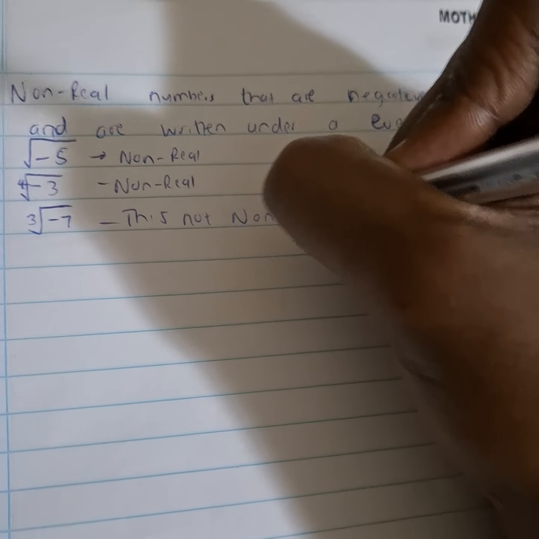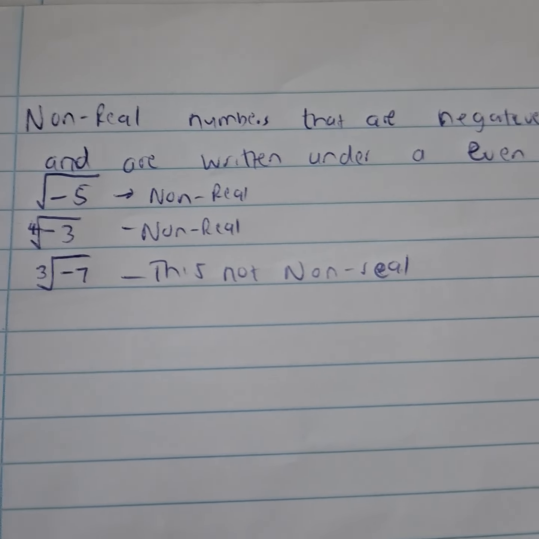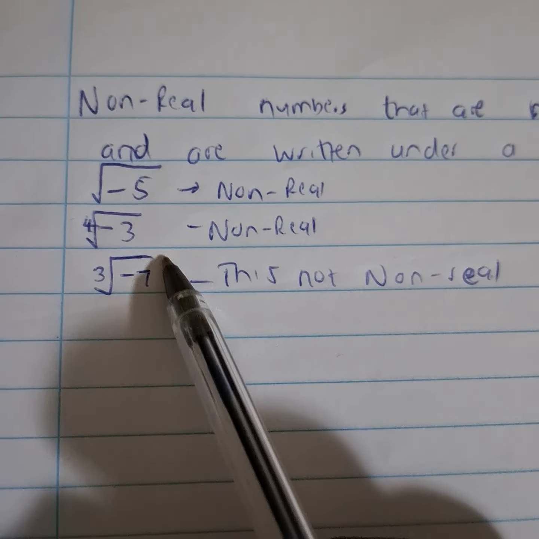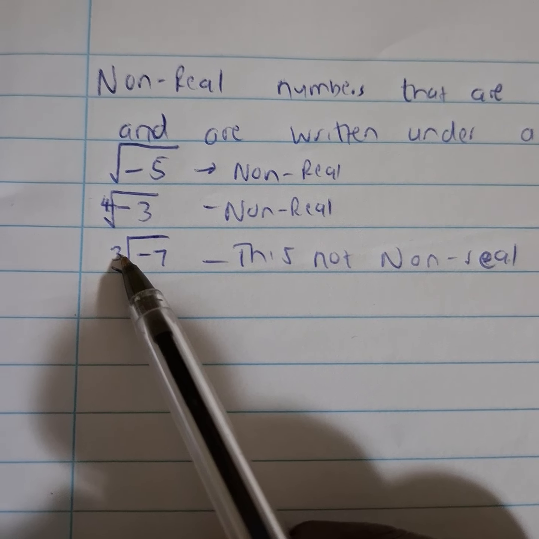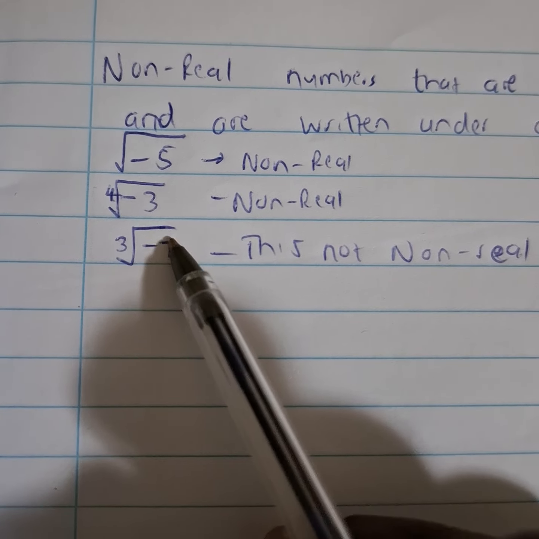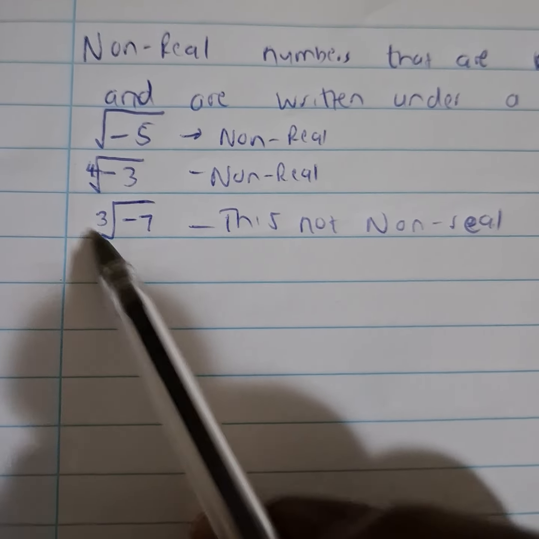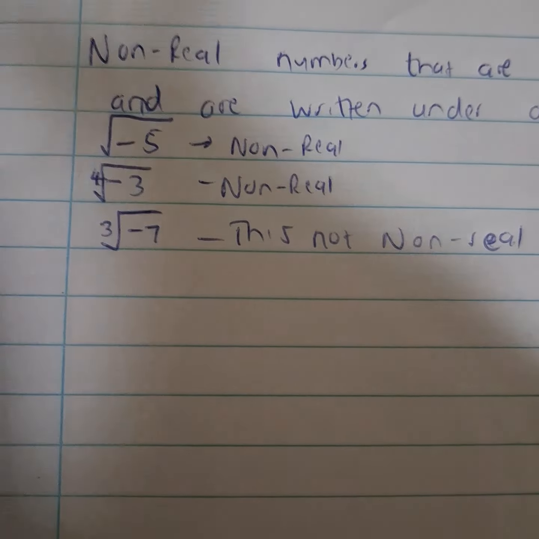Okay, so I hope that makes it clear for all of us what distinguishes a real number and a non-real number. So this would be a real number because it's an odd root with a negative number inside. If you put this in our calculator, we'll actually find that you will get an actual value which qualifies as a real number.